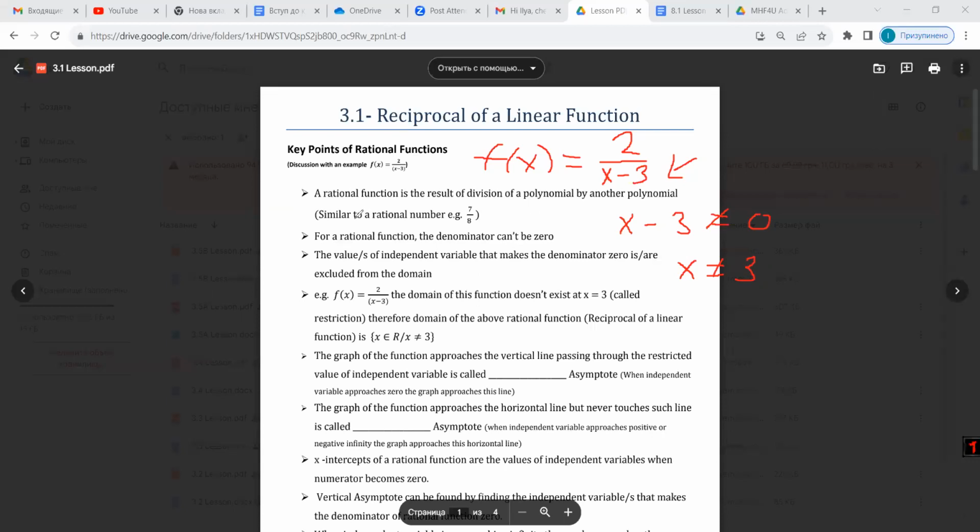In our example, f of x equals 2 over x minus 3, the domain of this function does not exist at x equals 3. It's called a restriction. Basically, we apply certain restrictions on our domain.